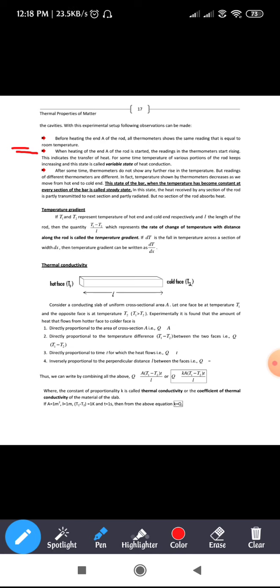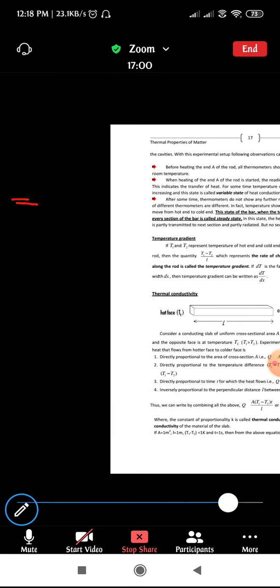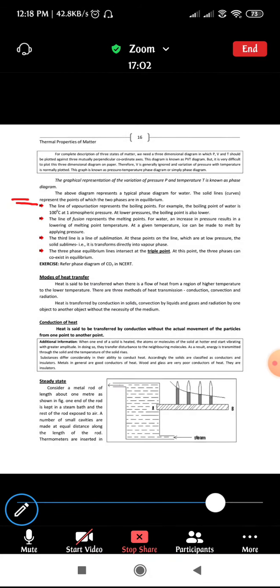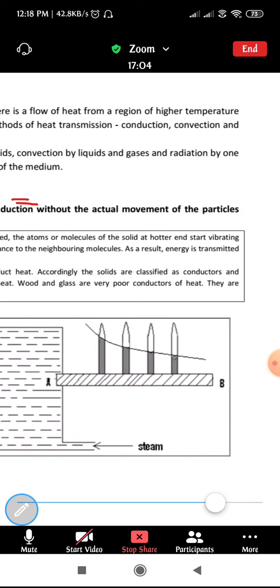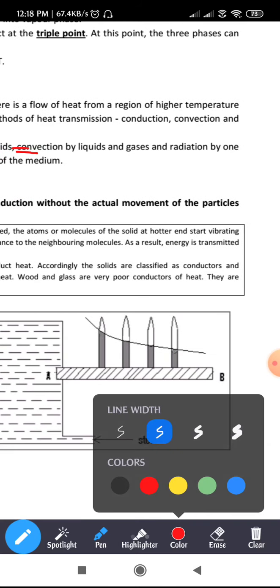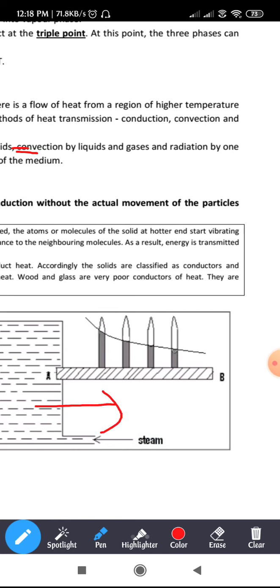When you compare all four temperatures, let me show the figure, it will be easier to understand. You are heating the end A, so the heat starts to flow towards the right. Thermometer 1 has a higher reading compared to 2, 3, 4.